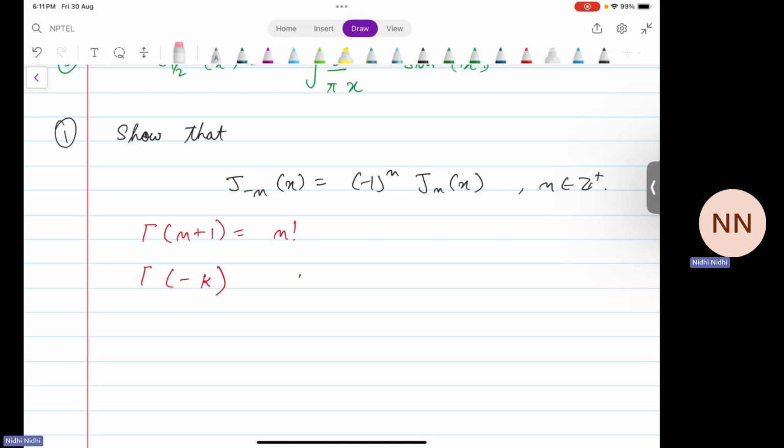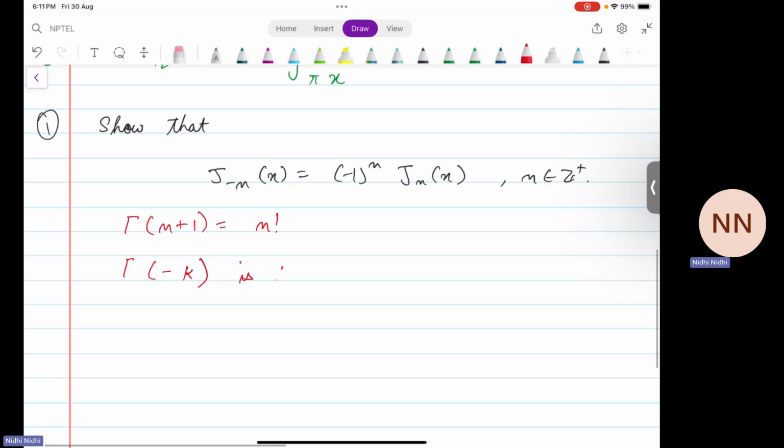It's basically infinity or minus infinity, so it is not defined. This would give us that 1 by gamma of minus k would be equal to 0. So we'll be using it. Let's see how.